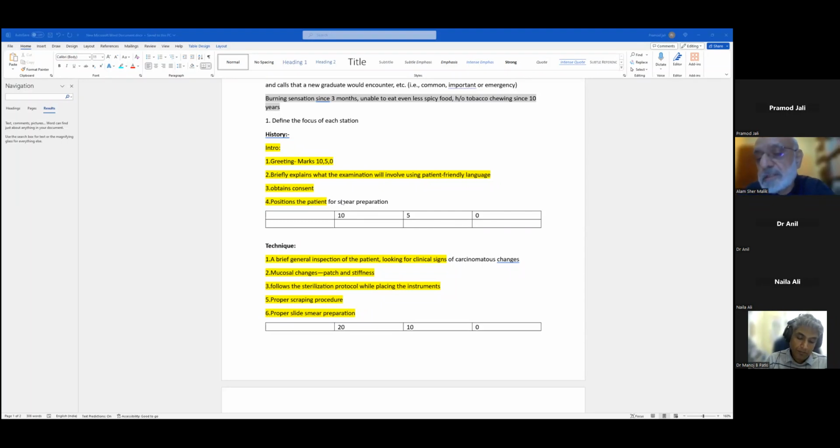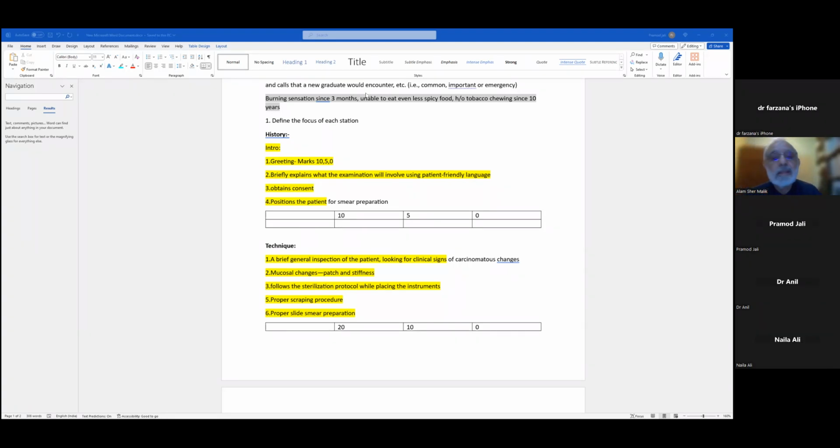Because the examiner has a negative impression that the student was not good in history taking, they would give fewer marks in physical examination as well. The good thing about this integrated OSCE is that each station is independent, and the examiner sitting there does not know about the student's performance in the previous station. So the examiner bias would not be there.